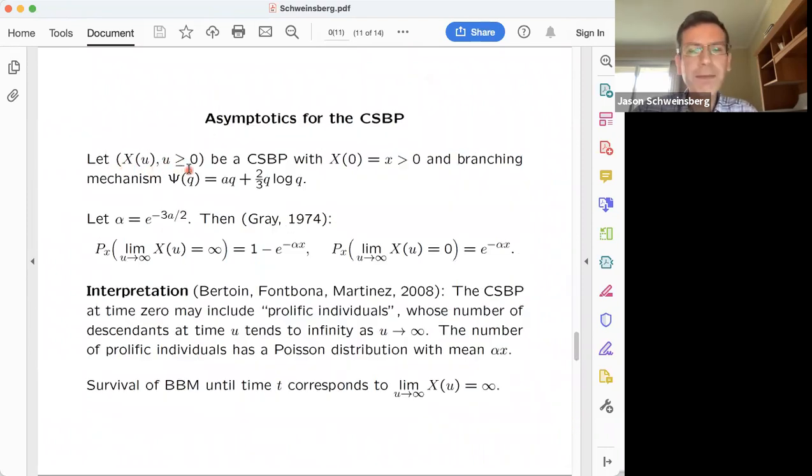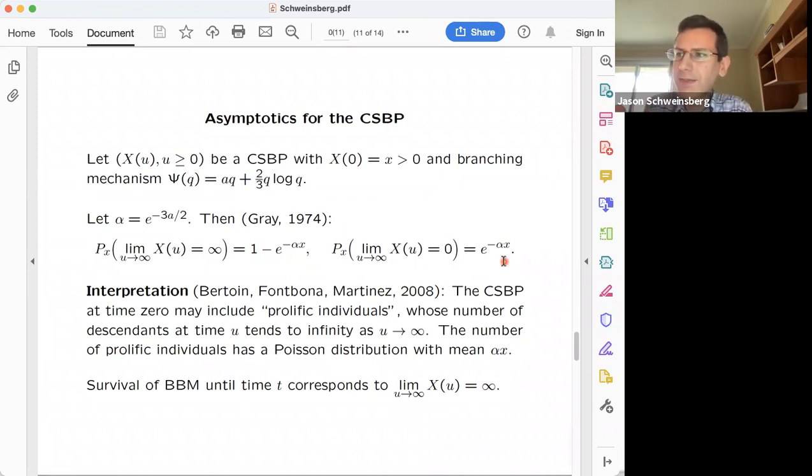So now let's let capital X be a continuous state branching process started at little x with branching mechanism a times q plus 2/3 q log q. Gray showed that if we let alpha be e to the minus 3a over 2, then this process approaches infinity with probability 1 minus e to the minus alpha x and approaches 0 with probability e to the minus alpha x.